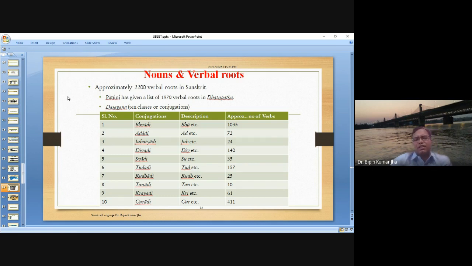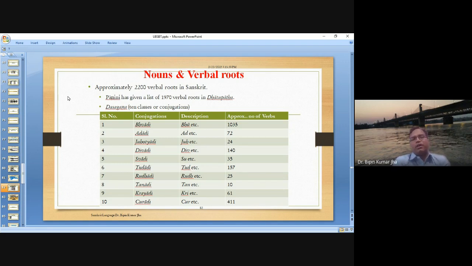Adi means etc. The first one will be verbal root bhu, then that category will be counted as bhvadi. Second one, adadi. Third one, juhotyadi, divadi.